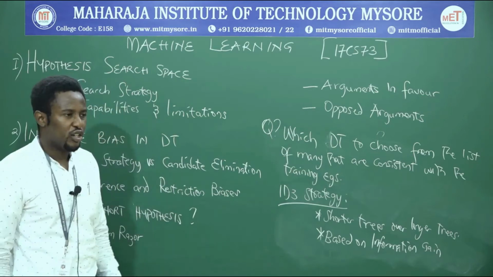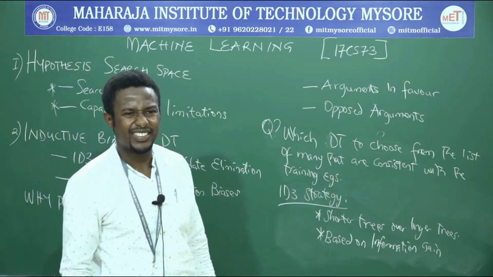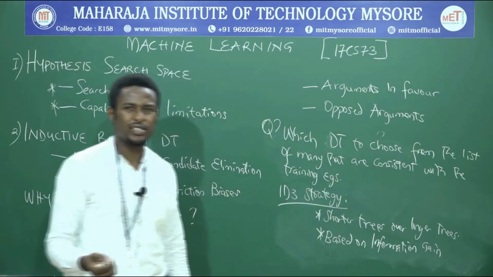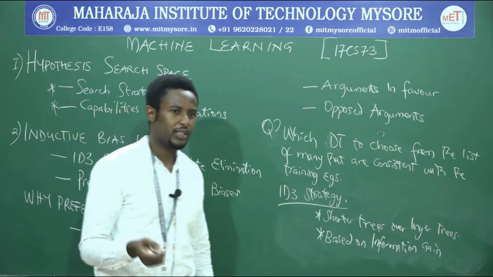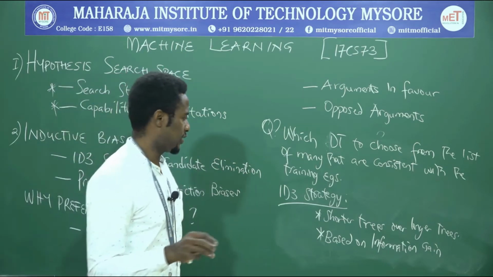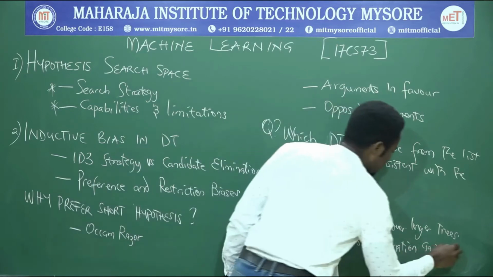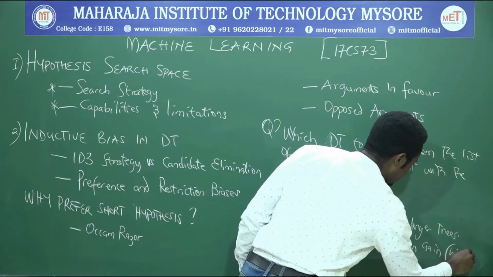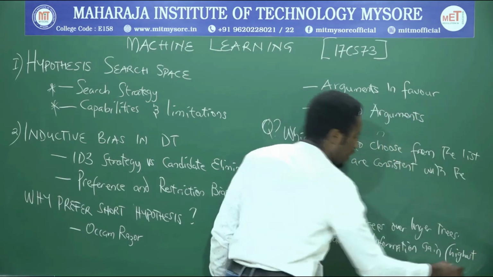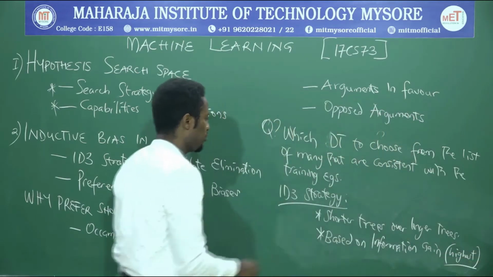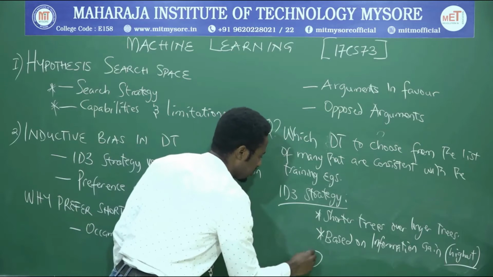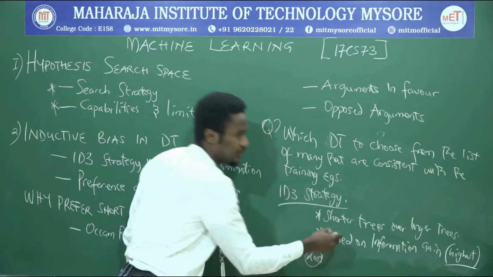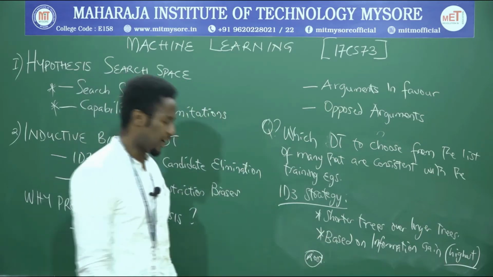So the one that has the highest information gain becomes our root node. The preference must be higher information gain, not even higher, highest. We calculated that, and the highest information gain we place as our root node. Done. Fine.